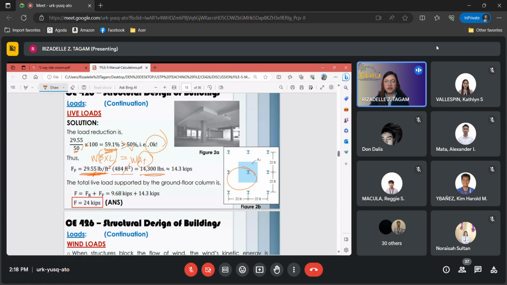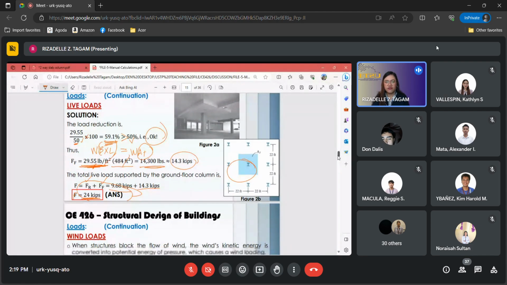Our value is 14,300 pounds, divided by 1,000, that is 14.3 kips. Then we add the total live load supported by the ground floor column, from the roofing and from the floor: 9.68 and 14.3 kips. So the force applied is 24 kips. That is the answer, the load carried by the column on the ground floor.